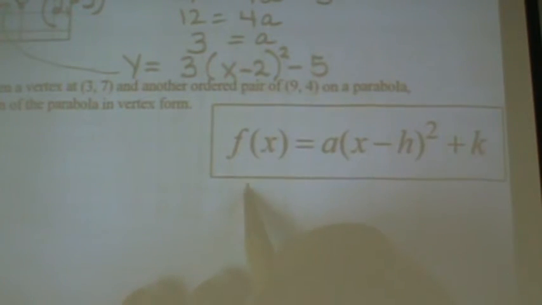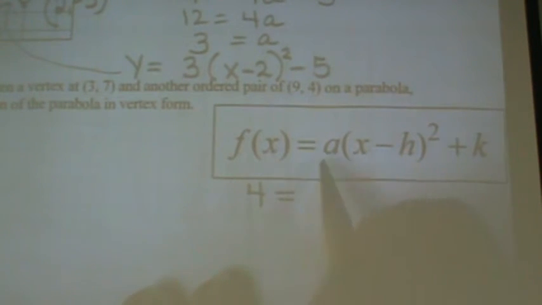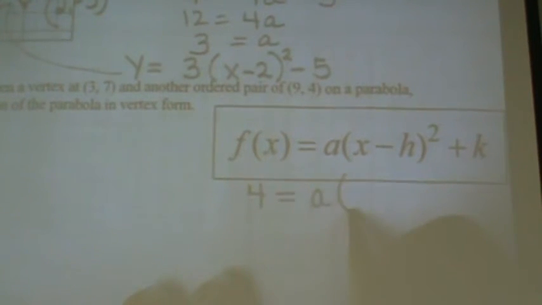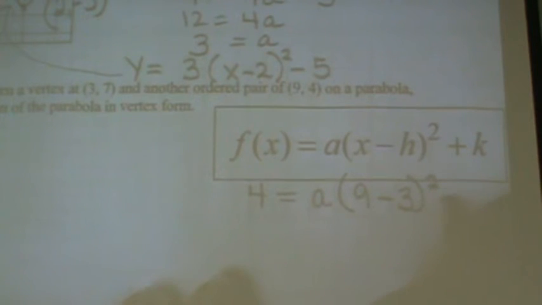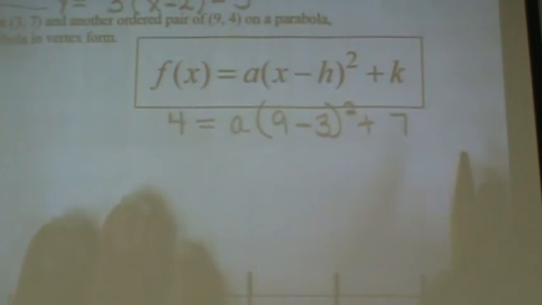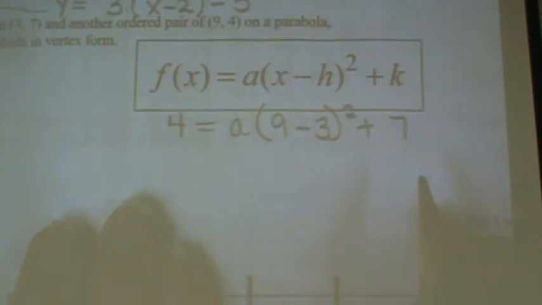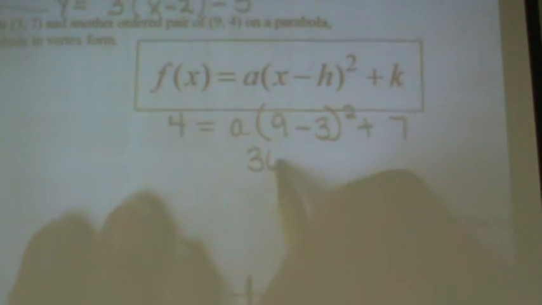4. So 4 equals, we don't know a, so that's our variable. What's our x value that they gave you? 9. What's our h value? 3. You're going to square that, and you're going to add, what's the k value? 7. Okay, we can handle this. Order of operations says you're going to subtract these, so 6 squared is 36, right?